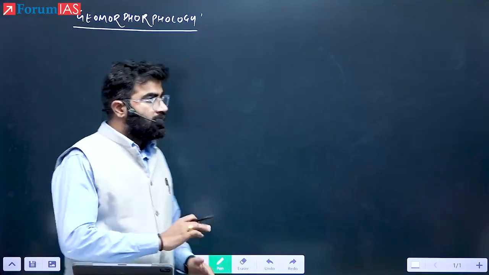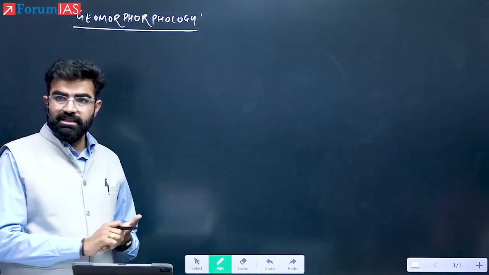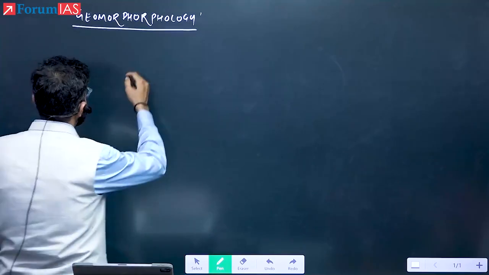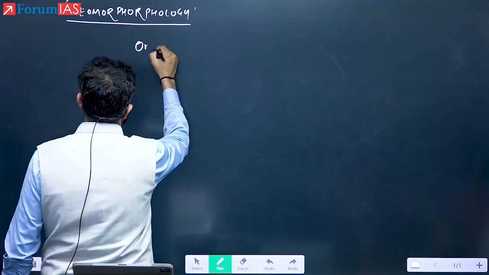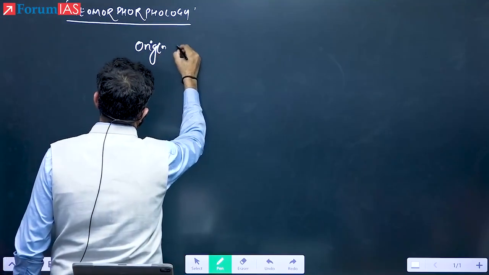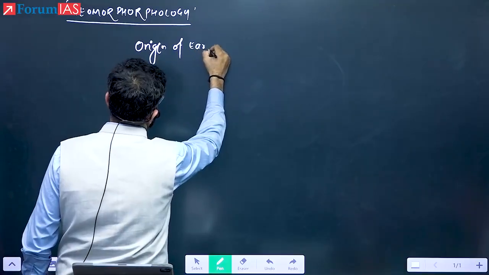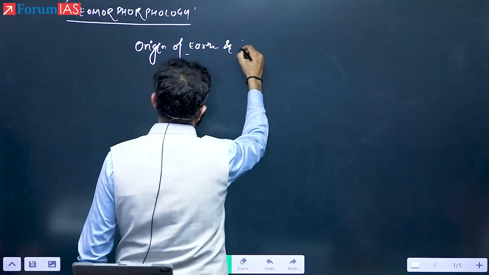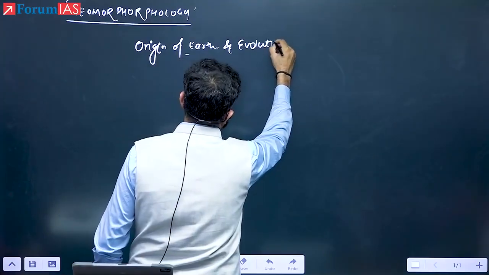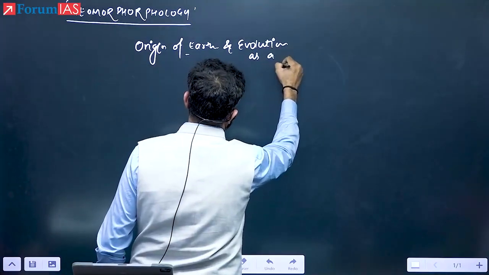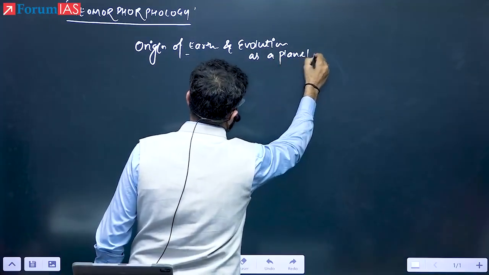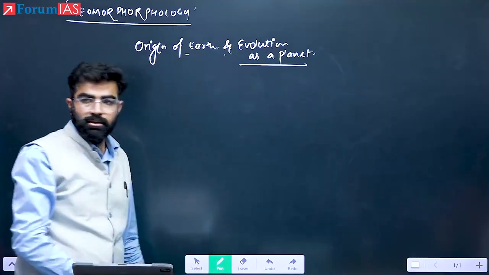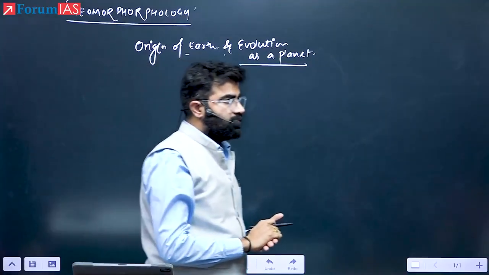Okay? In the geomorphology, the first section that we are going to start with, we will try to understand origin of Earth and its evolution as a planet. Its evolution as a planet. Why we need to see this evolution as a planet?